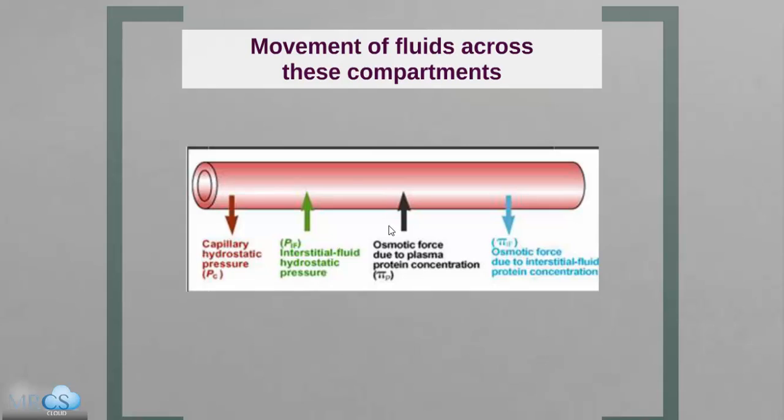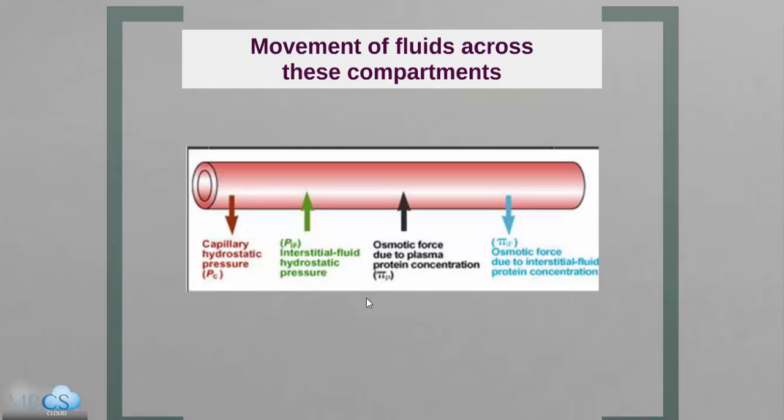The movement of the fluid across these compartments depends on four forces. The capillary hydrostatic pressure, moving the fluids from the capillary to the interstitium, is counteracted by the interstitial fluid hydrostatic pressure. Also there is the osmotic force due to plasma protein concentration, which tends to reabsorb the fluid from the interstitium back to the capillary, counteracted by the osmotic force due to interstitial fluid protein concentration.